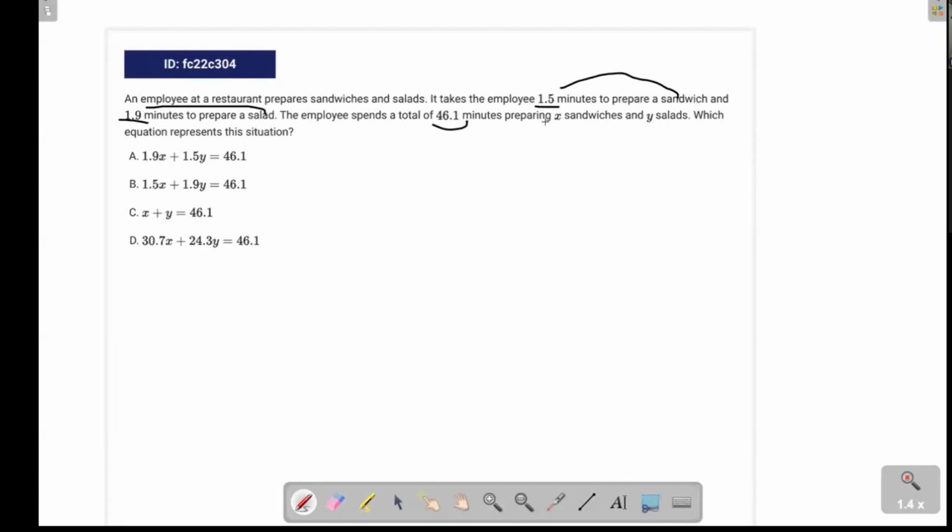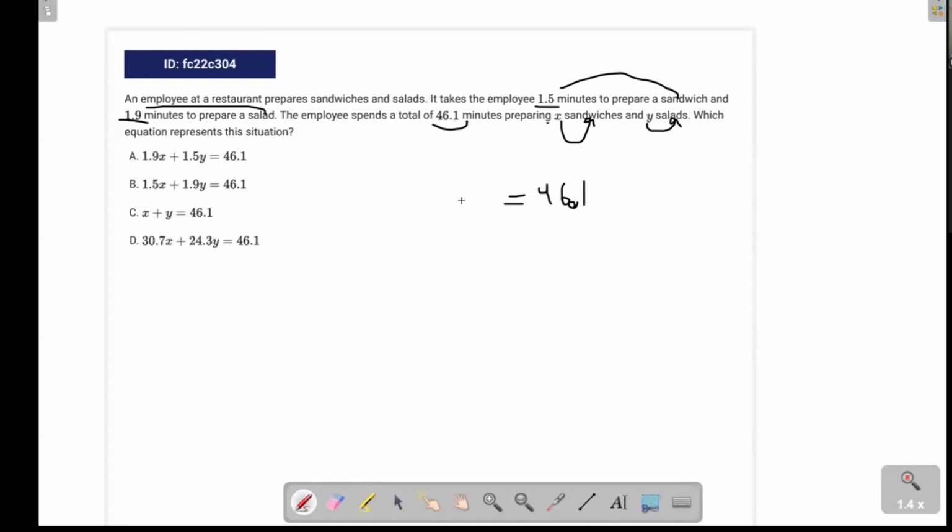And what it tells us right here at the end is that X is going to correlate to sandwiches, and Y is going to correlate to salads. So now we can figure out an equation for this. Our total is going to be 46.1 because that's the total amount of time we take between making sandwiches and making salads. So 46.1 is going to be equal to the amount of time we make sandwiches and salads.